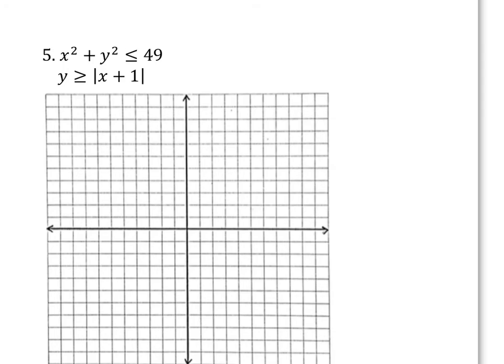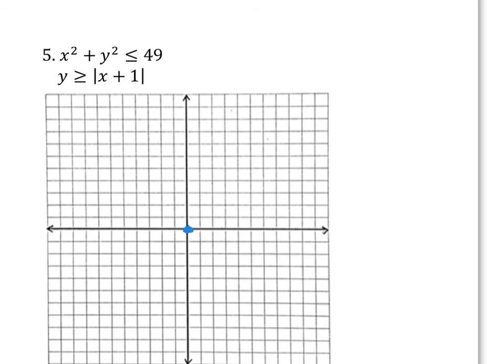All right, for number 5, that looks like we have a circle for the first equation and an absolute value for the second equation. So this circle, because there are no parentheses with x and y, is centered at 0, 0. And because there's a 49 on the other side, the radius is 7.